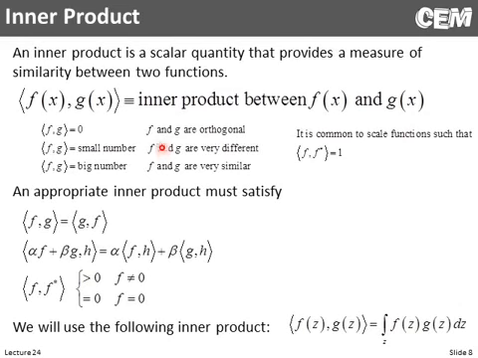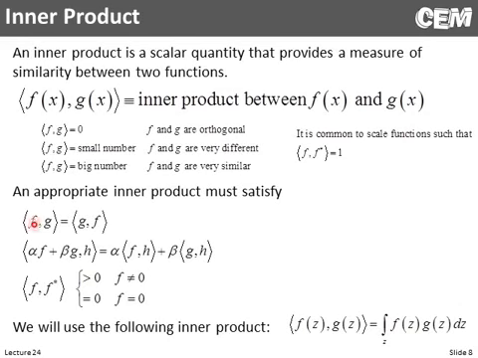And what we tend to do is we scale this inner product such that if we compare a function to itself, which clearly should be the biggest number we can get, we'll just get 1. So our inner product really should be bounded between 0 and 1 by normalizing it. Some other properties that would define a proper inner product is this.